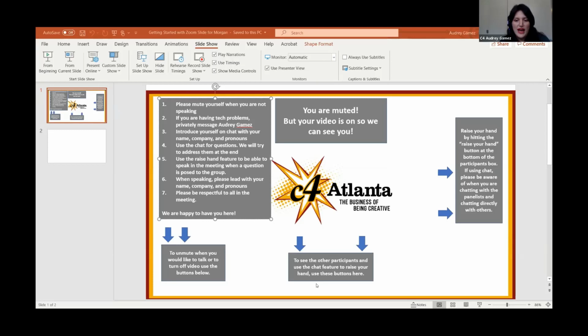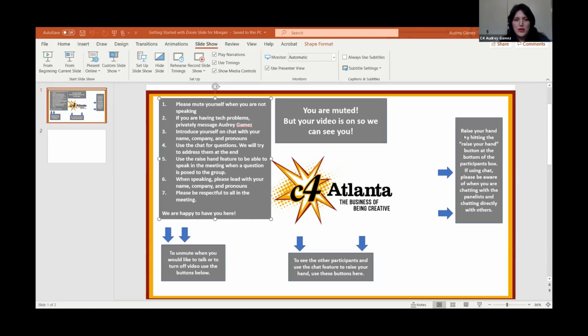If you can't see the participants box and the chat box, we ask that you turn those on. If you go to your features, they're in the middle area, so click your chat and your participants, and that will show you the chat that everybody has. You can also use the raise your hand feature if you want to ask a question, and that will let us know to call on you so that you can ask your question out loud.